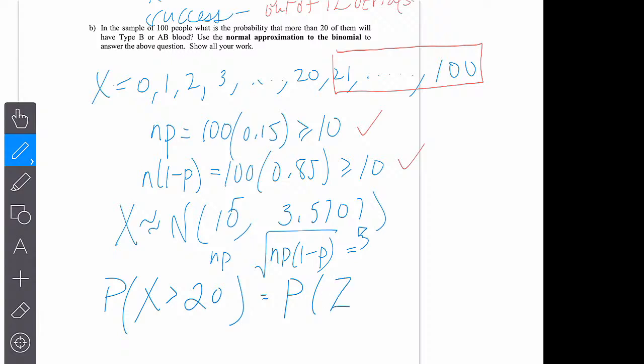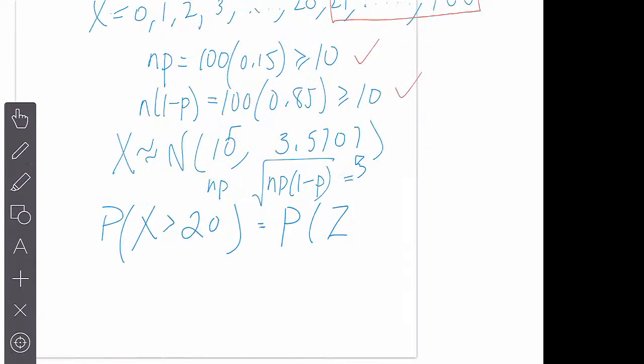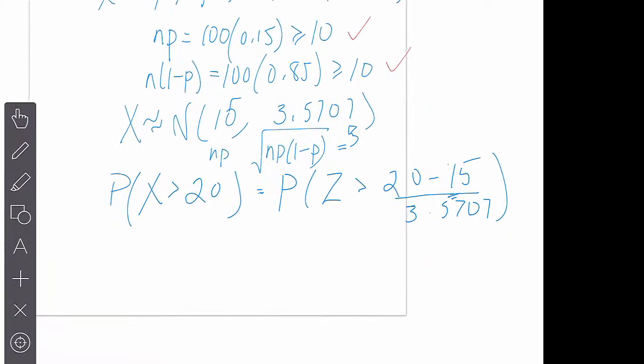This is Z. I take 20 minus 15 divided by 3.5707. So I'm going back to the normal distribution approach and solving the problem.